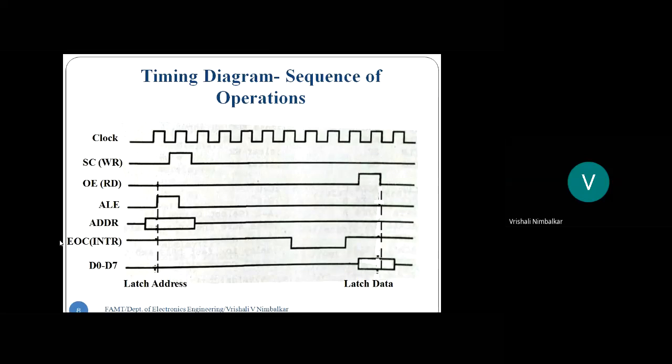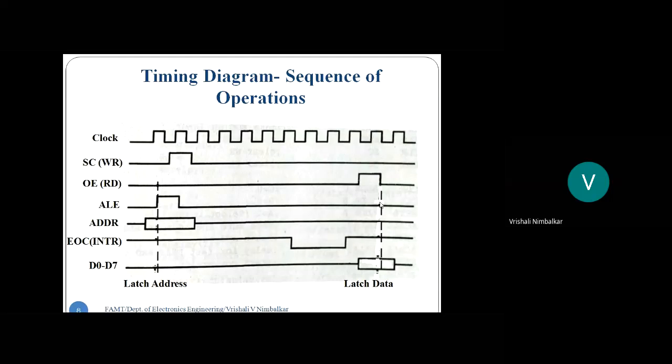Keep on checking EOC, end of conversion, and this is active low. So as soon as you get active low, I need to check the pulse. I need to check the falling edge as well as the rising edge. Once we get the end of conversion pulse, it means the digital data is available on the pins D0 to D7. Now the microcontroller should read the digital data.